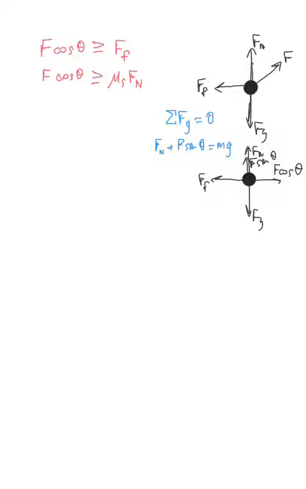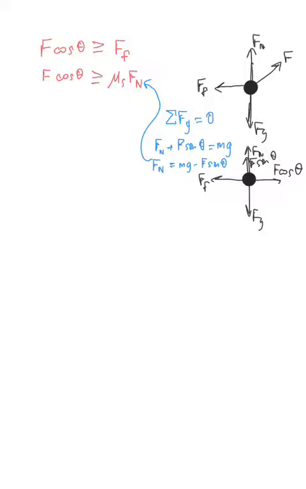And then in the first formula, we have this Fn that we didn't know, but I can rewrite this other formula to get Fn by itself. So I'm just going to subtract F sine theta from both sides. So Fn is equal to mg minus F sine of theta, and that formula we can plug in right there.